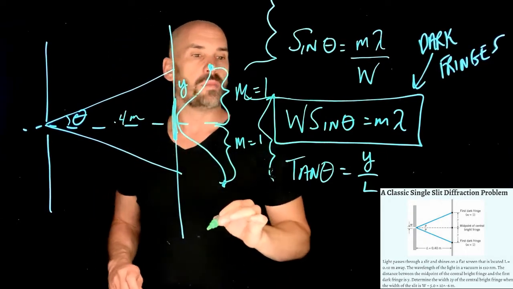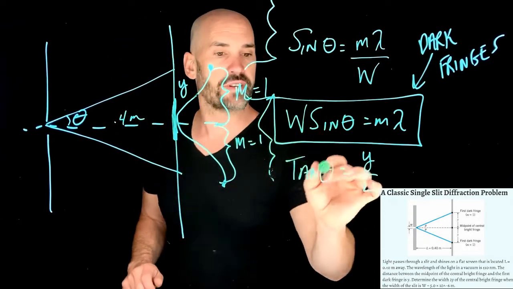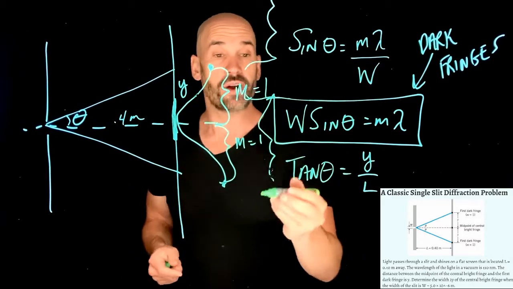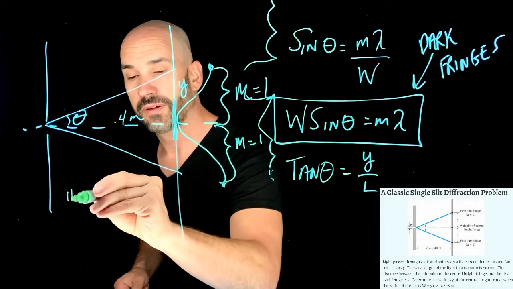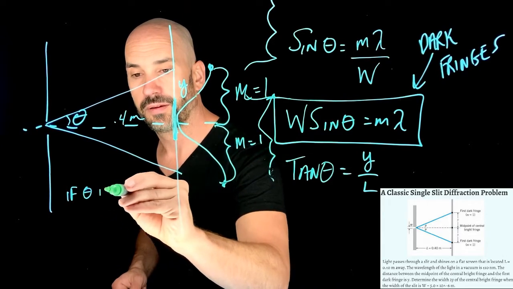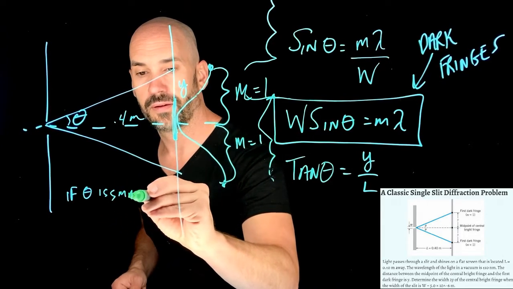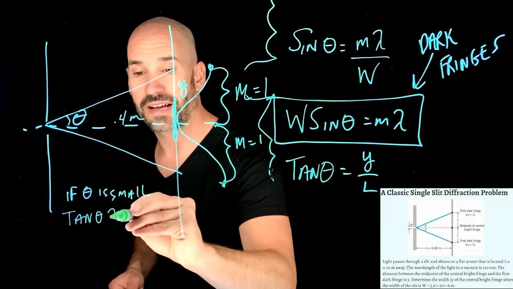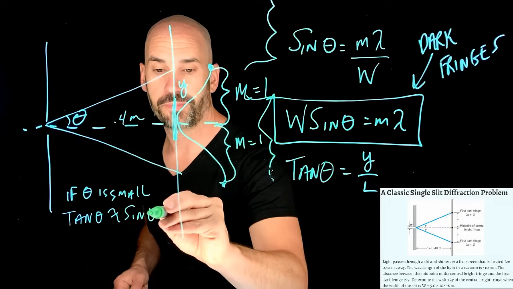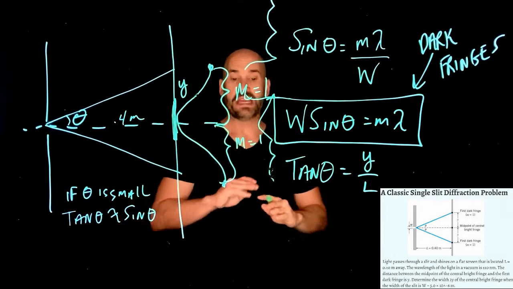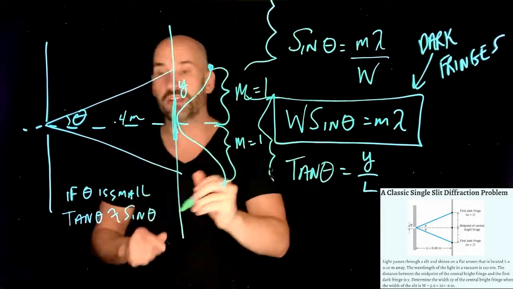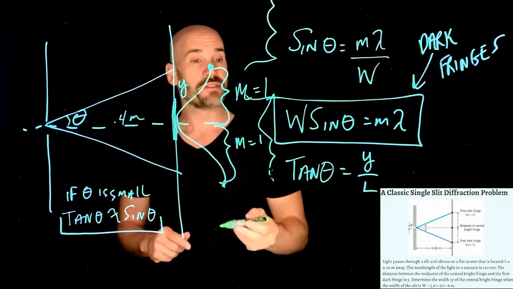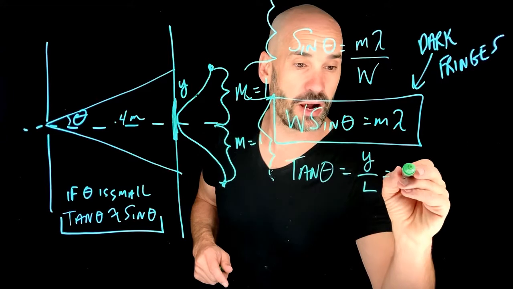Okay. And then we said that there's this kind of approximation where if theta is small, then tan theta is approximately sine theta. Okay? And so in this entire chapter, in this entire unit, you can always use this approximation. So this is the same thing as saying y over L equals sine theta.